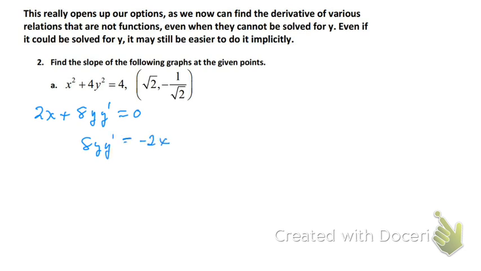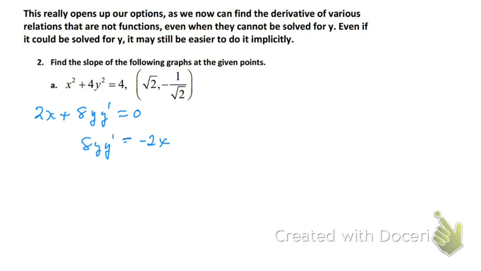Does the 4 on the right side do anything? It becomes a 0 because it's a constant. We're just going after the slope, and that would not affect the slope, because the slope is 0. If you think derivative equals slope, you're right.